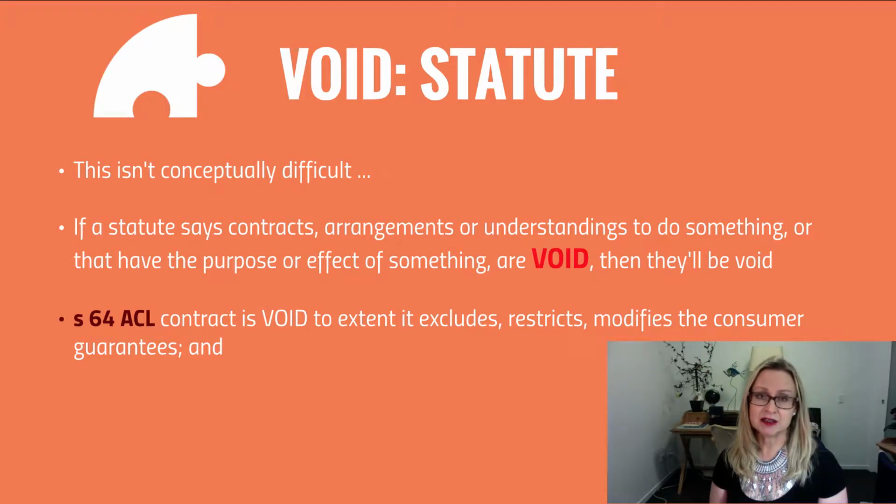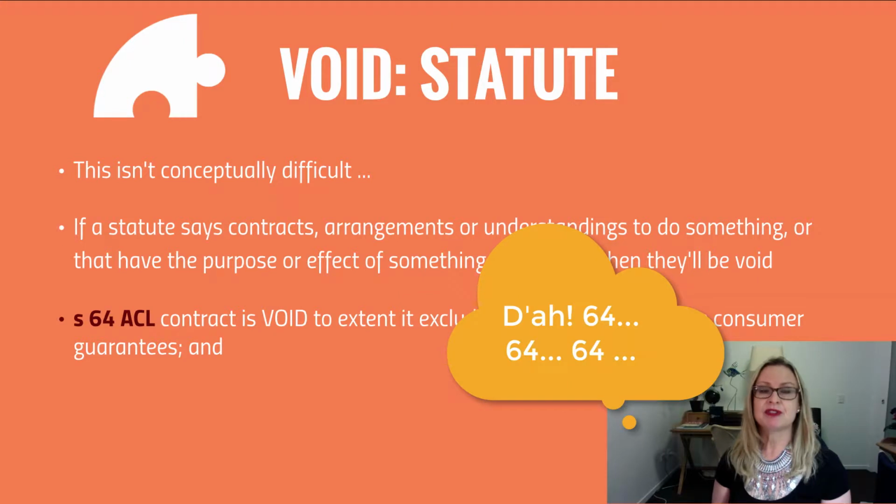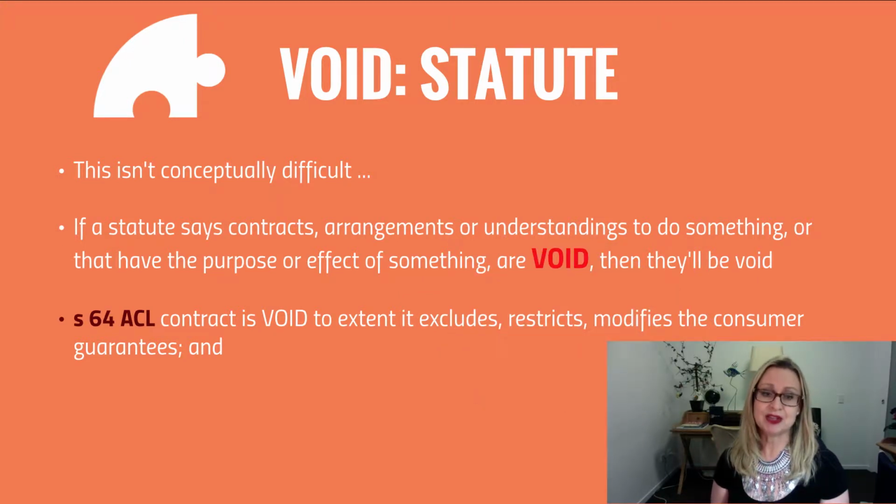If a contractual term purports to exclude, restrict or modify those consumer guarantees, section 64 says that that term will be void to the extent that it purports to do so. So no tricks here, no smoke and mirrors. If the statute says that the contractual term is going to be void, it'll be void.